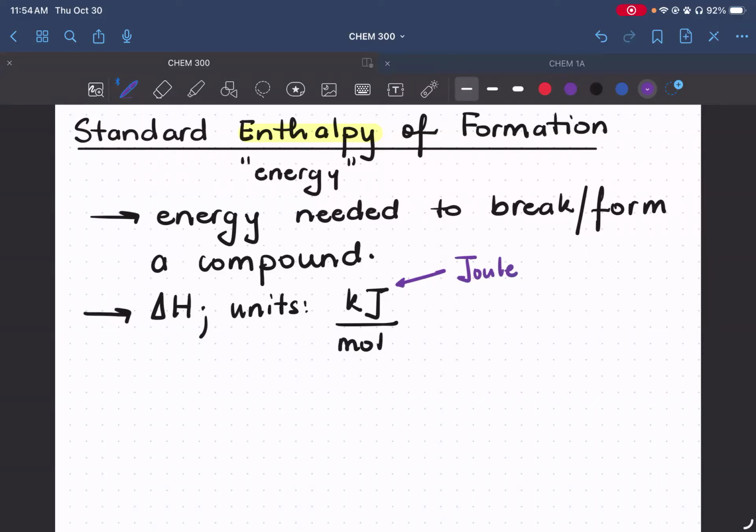Just as we've seen mass is grams, volume is liters, pressure is ATM, the SI unit of energy is joules, where the K, of course, refers to kilojoules, just as you would use kilograms or kilometers.